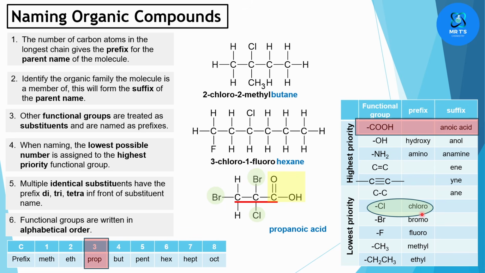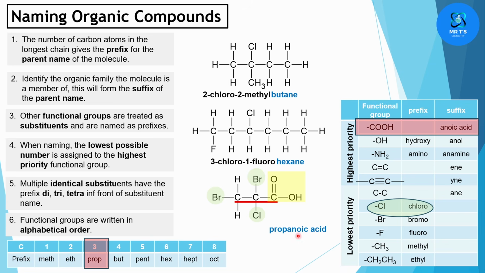Now if we look at the bottom here, the chloro and the bromo, we ignore the priorities. For the halogens, they are not actually in priority order. When we write these out, we're going to write the bromo first because it comes first in the alphabet.